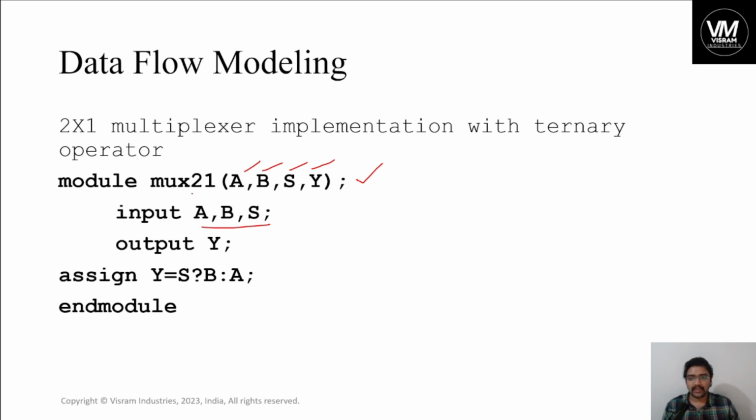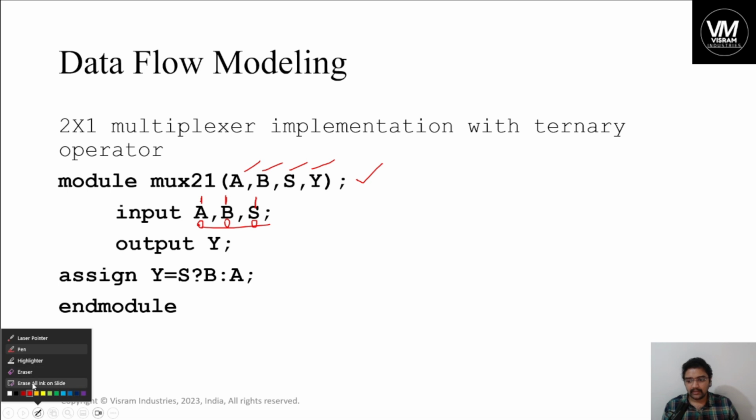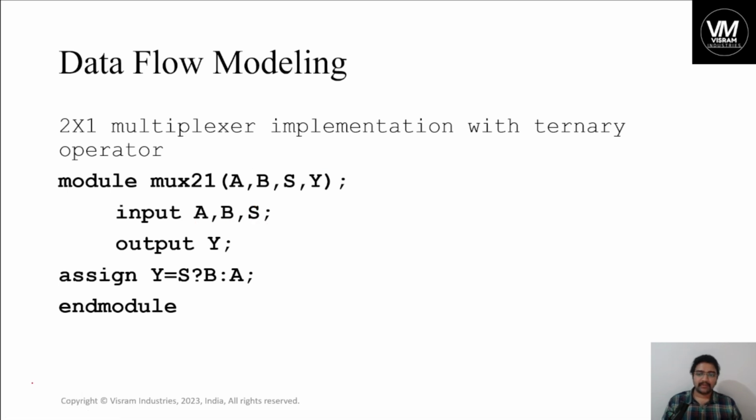Because in the 2x1 multiplexer, each input carries 1 bit, either 1 or 0. Only 1 bit is carried, not both at the same time. So it is a single bit.